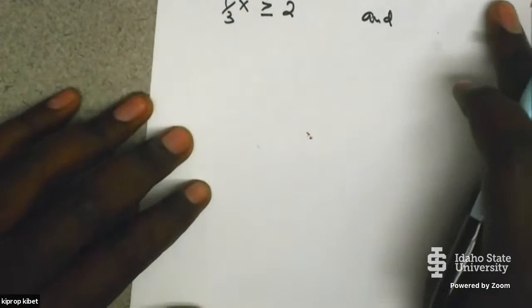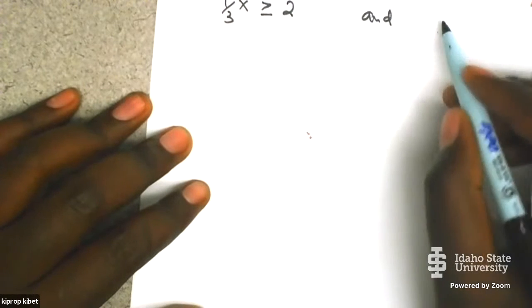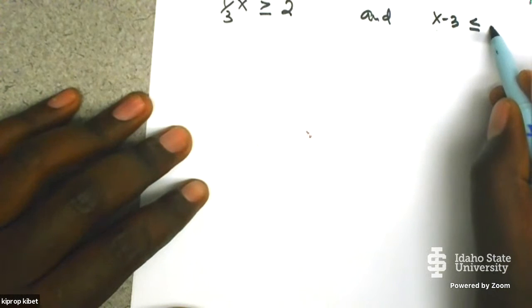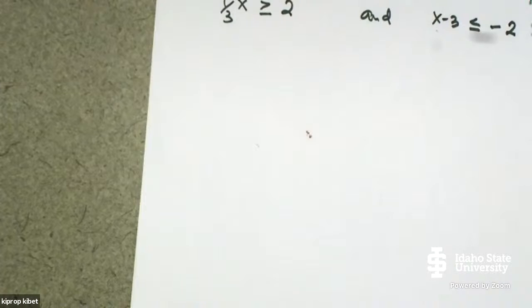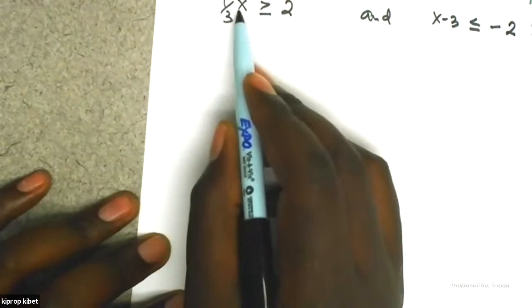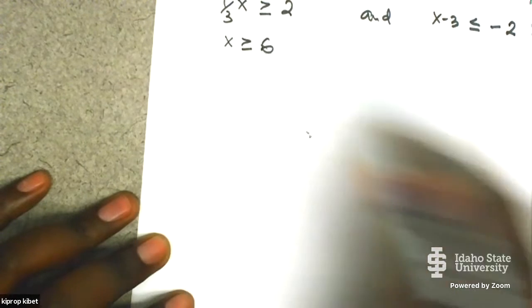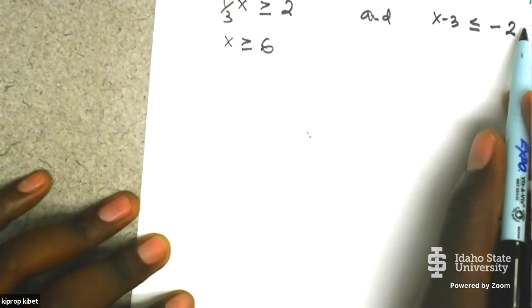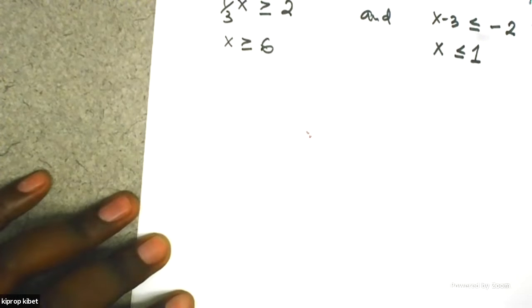So x minus 3 will now be less or equals to -2, because we divide both sides by -2. Okay, the next step, multiply here by 3. So x is greater or equals to 6. And then here we take -3 to the other side. So x less or equals to 1.